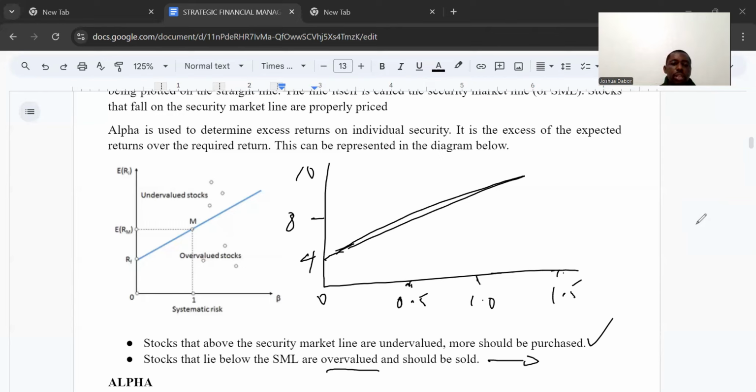So at this point, I'm expecting the returns to be what? Let me just say approximately 8%. At this point, I'm expecting the return to be, say, maybe 9%. And at this point, I'm expecting the return to be, say, 10%.